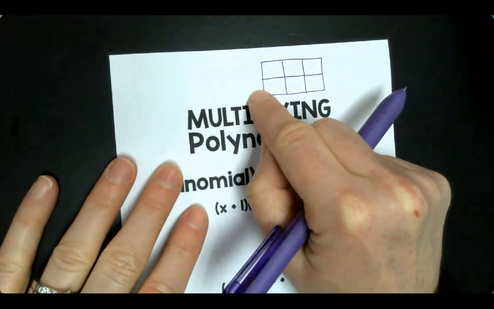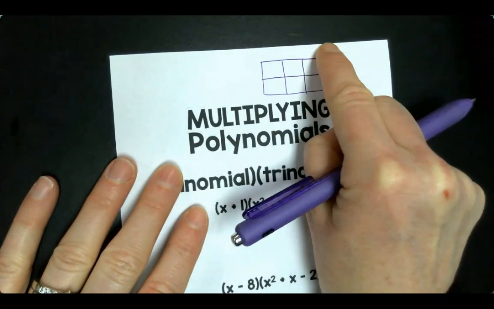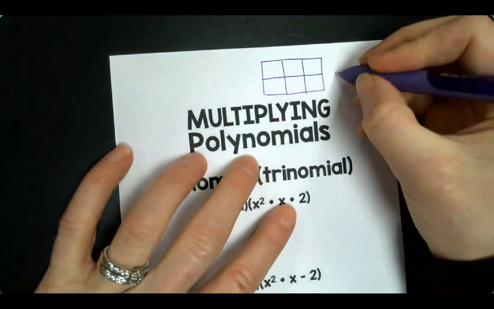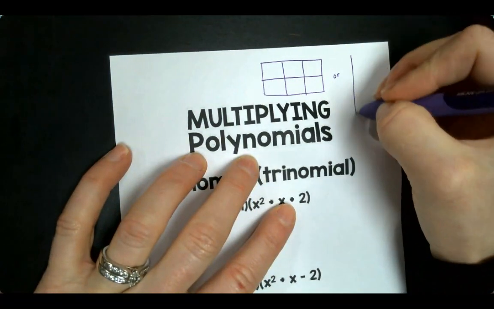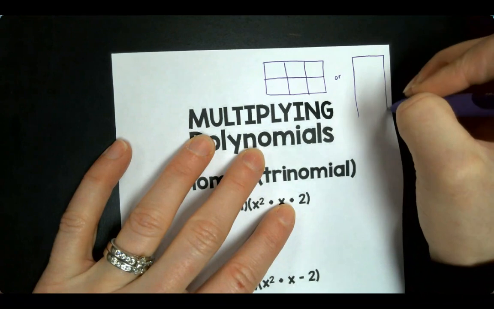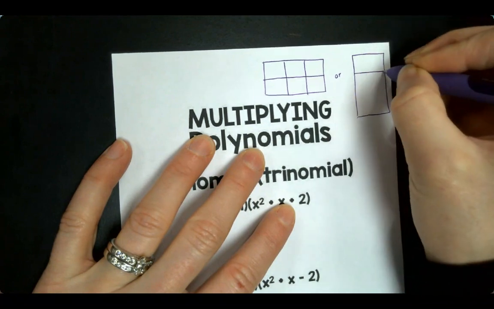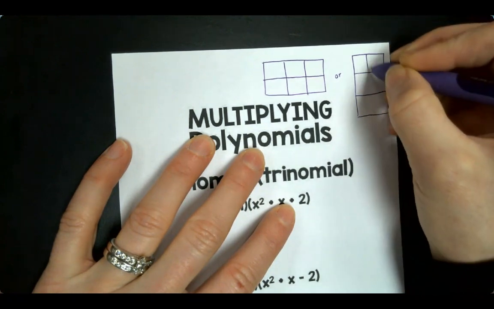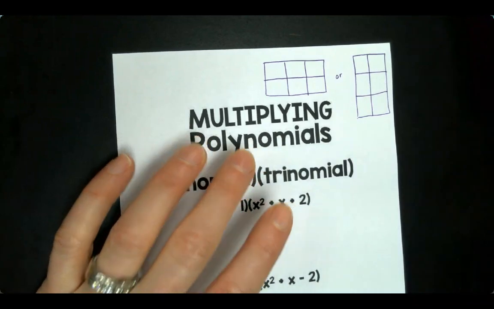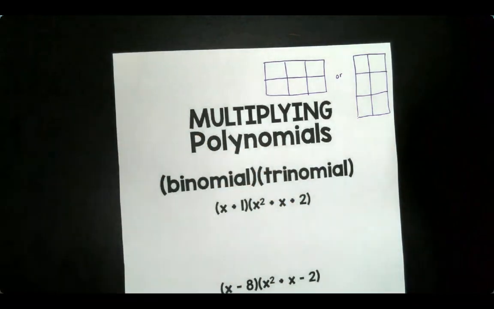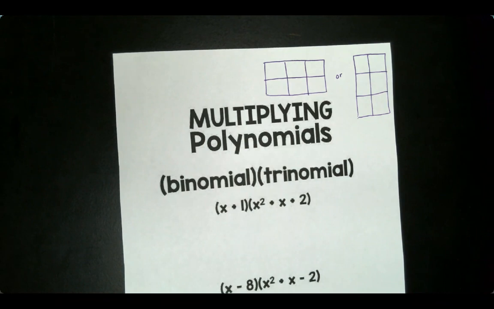Because it would be 2 terms here and 2 terms across the top. Or we could do a 2-column by 3 row, like this. Because order doesn't matter when we're multiplying, so it doesn't matter which one you do.